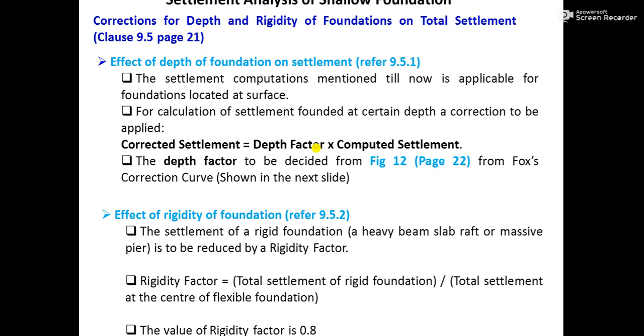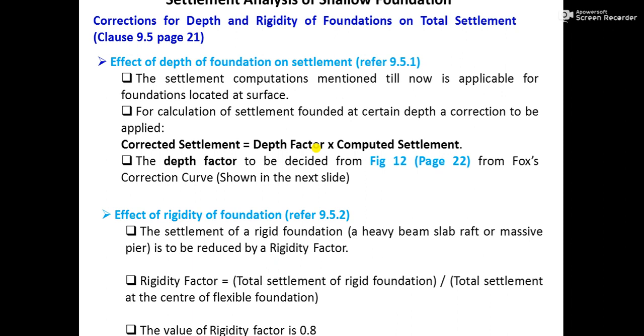Now one thing you should remember. The settlement calculation is done considering the assumption that the footing is resting on the ground and is flexible. So first you should apply the depth correction.